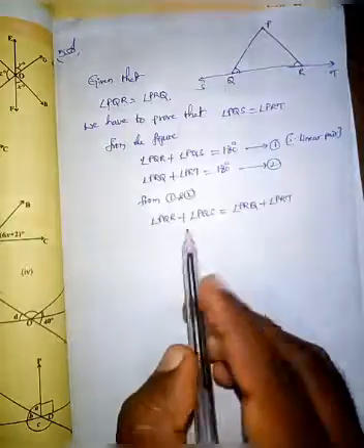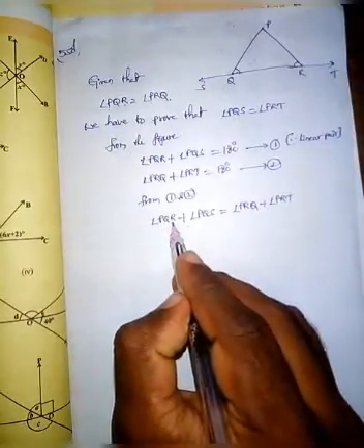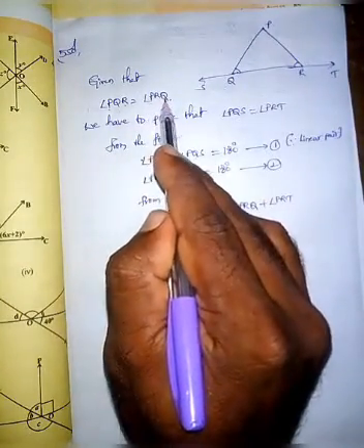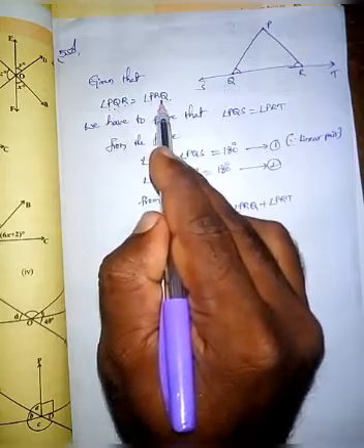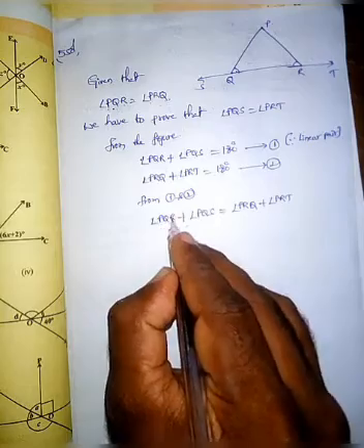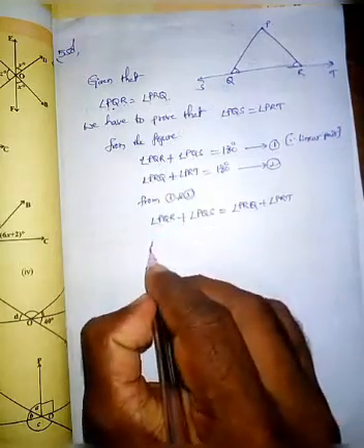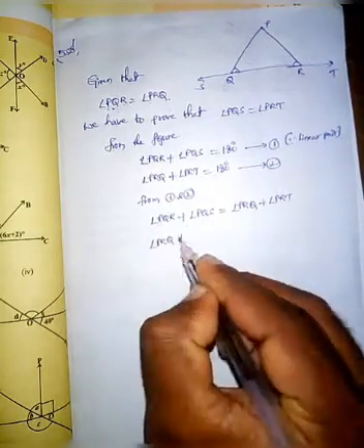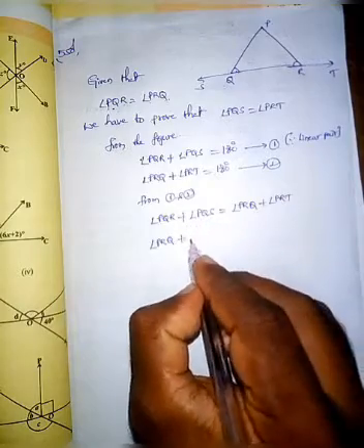So let's observe the equation here. We have angle PQR, so we can substitute angle PRQ because these two angles are given equal in problem. So in the place of PQR, substitute angle PRQ. Let's write the angle PQS as it is.